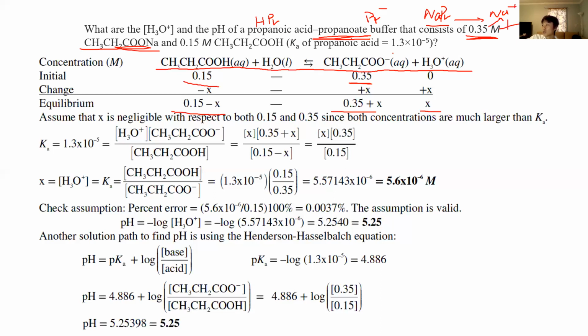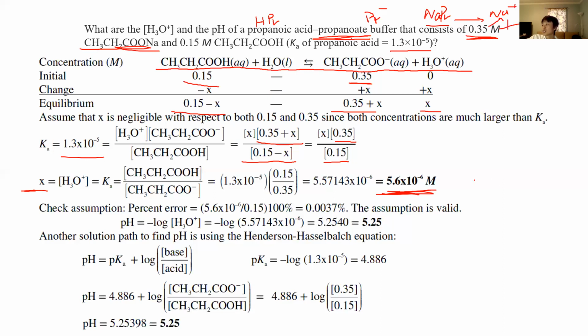And again, for this weak acid, because the K is small, you can assume X is small. So you can make this term equal to 0.35, and this term equal to 0.15. The Ka is given, so you can solve for X, and X is going to be 5.6 times 10 to the minus 6.